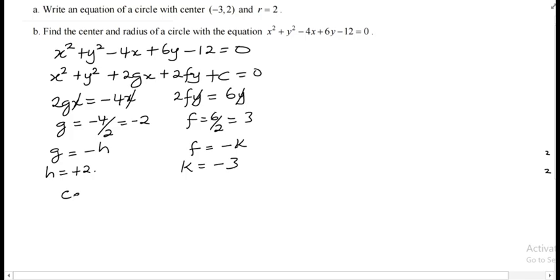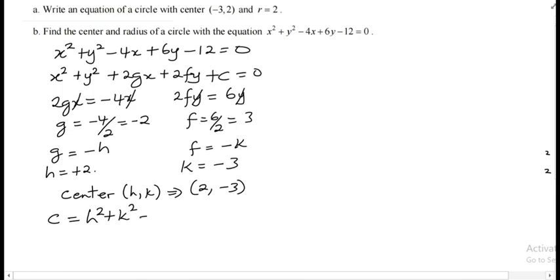So the coordinate of the center in form of h comma k will now be equal to h, which is 2 comma minus 3.